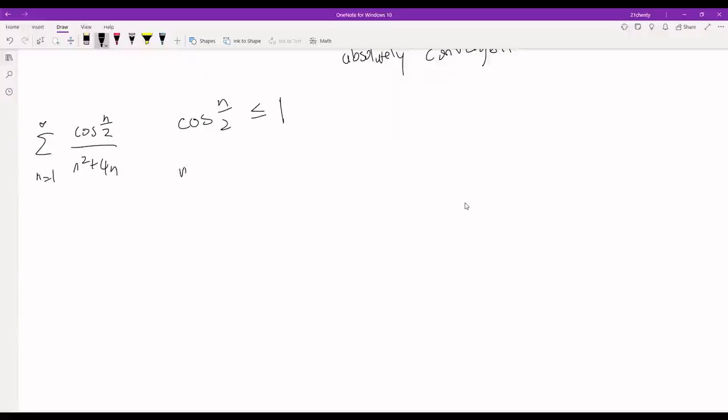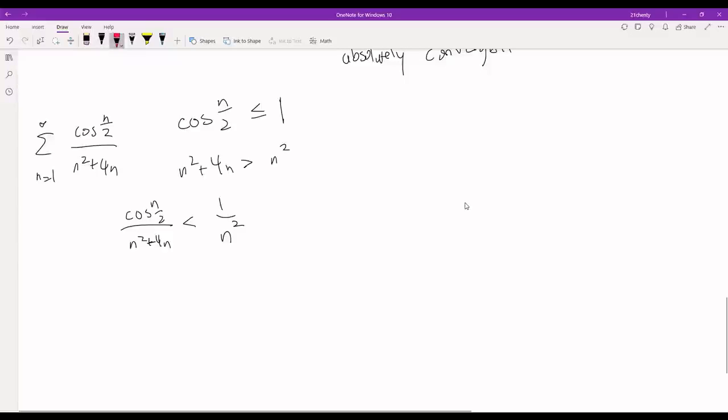And n squared plus 4n is always greater than n squared. Since the numerator is at most 1 and the denominator is always greater than n squared, this whole thing is less than 1 over n squared.